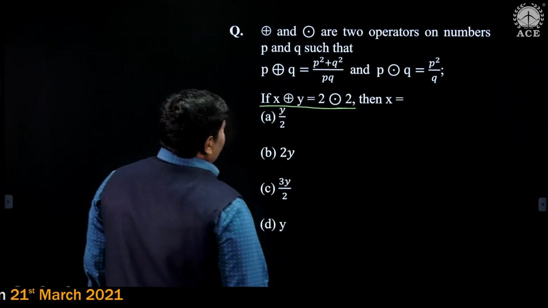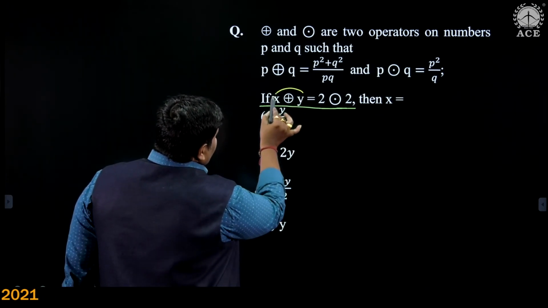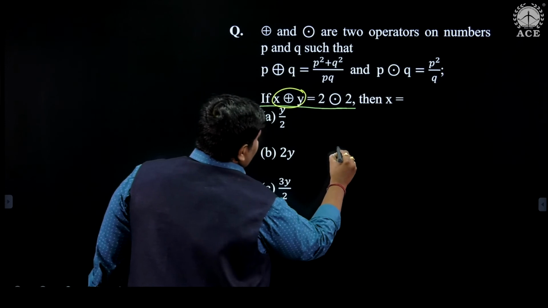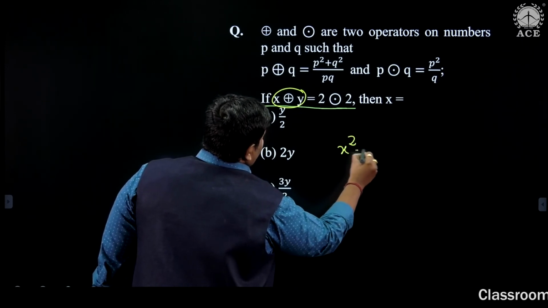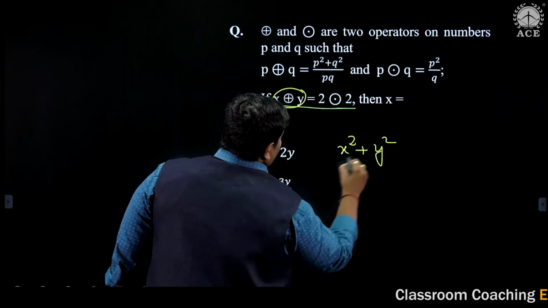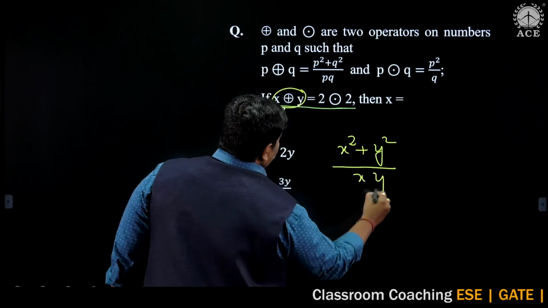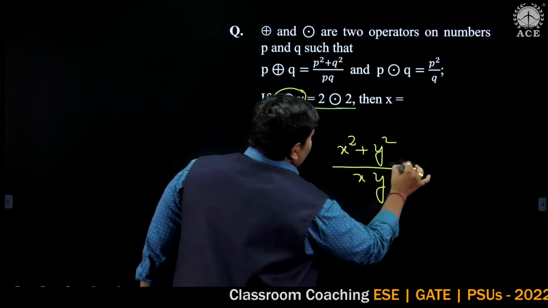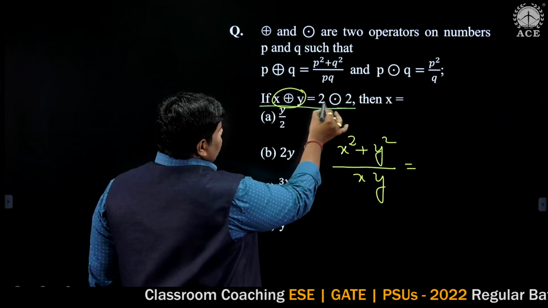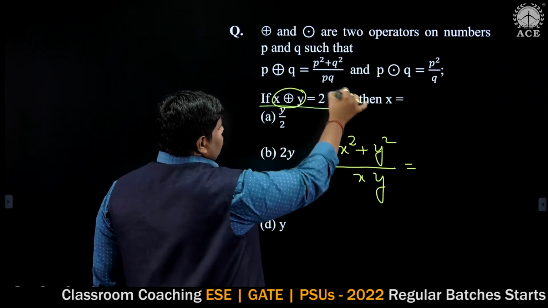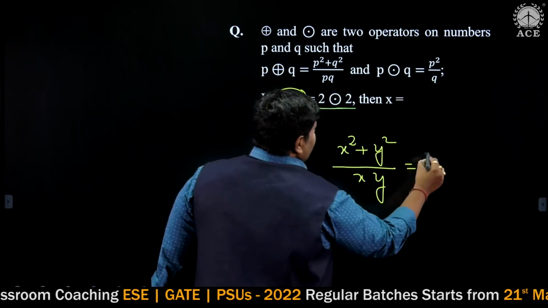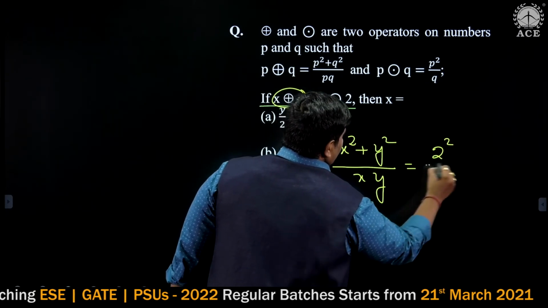This is the problem. So what is the meaning of this operator? (x square plus y square) upon xy. And 2 circle-dot 2 means 2 square by 2.